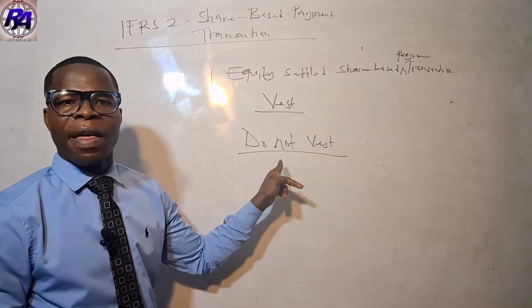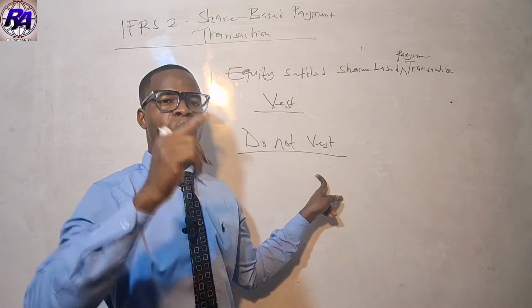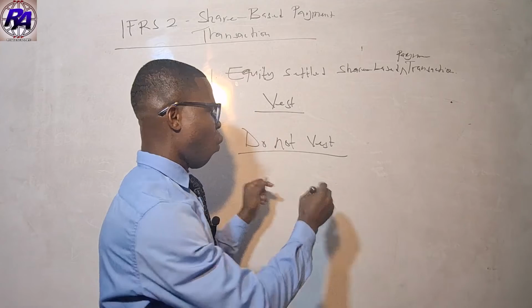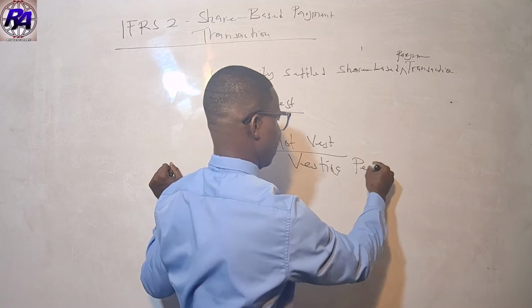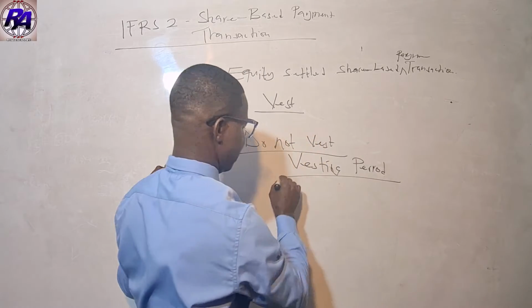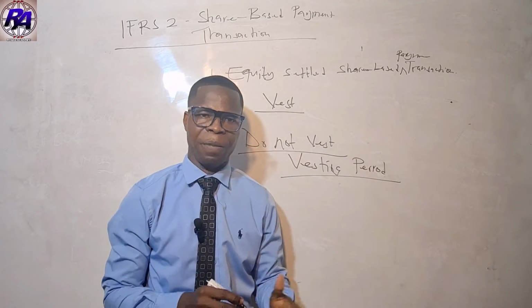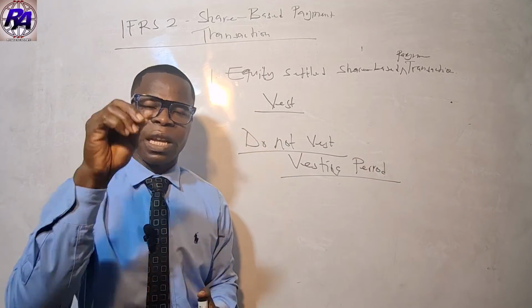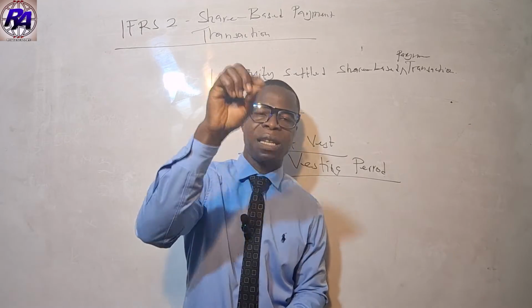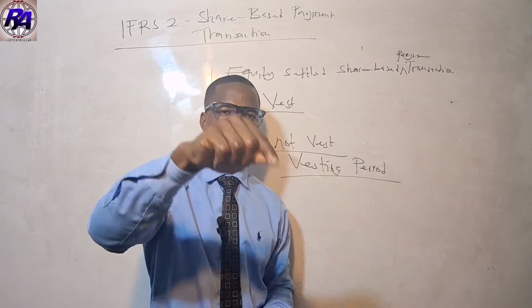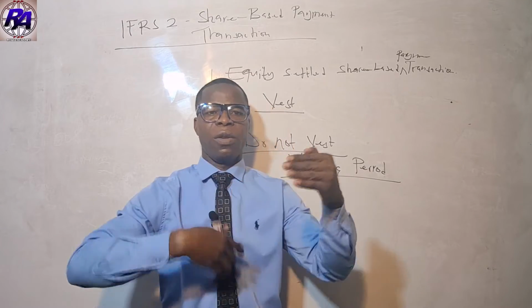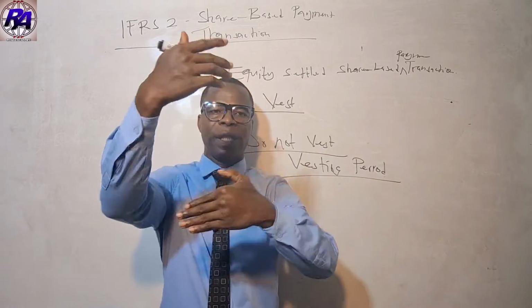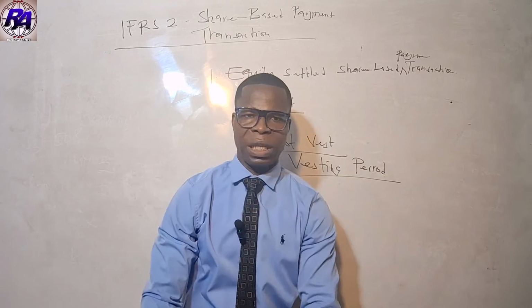then the equity instrument will be paid in the future over the vesting period. Let me break these statements down. It simply means that in a question, when there is a service condition or a performance condition, then the payment of the equity instrument to the employee will be a future thing until those conditions are met.